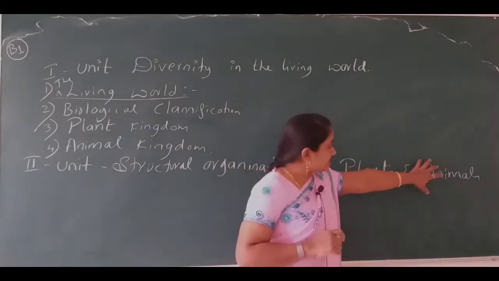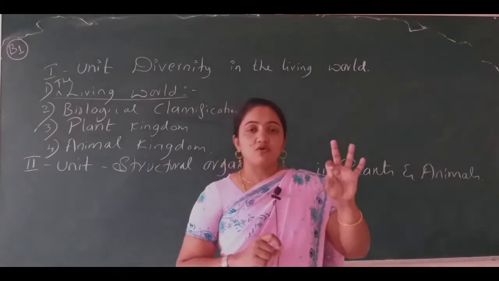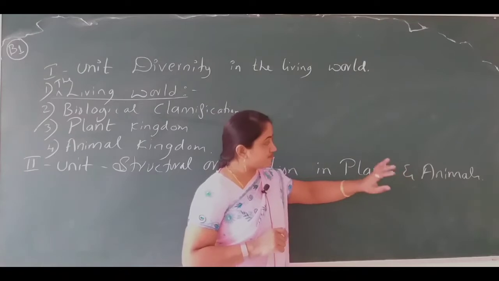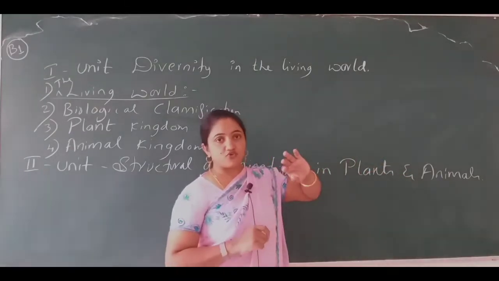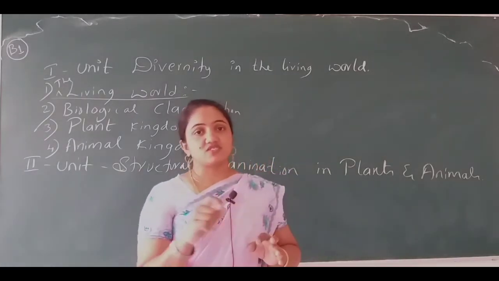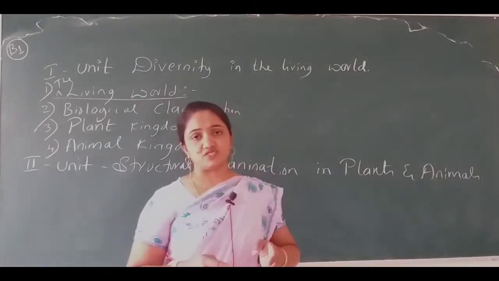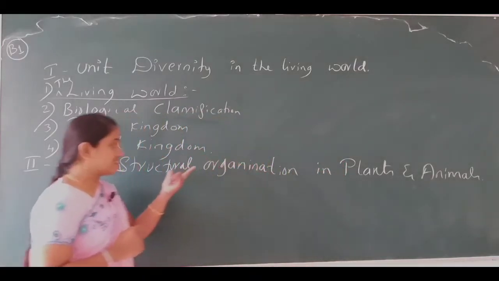By taking examples of animals like earthworm, cockroach, and frog, only three. All these three animals' reproductive system, nervous system, and digestive system, everything you will be learning in this unit.